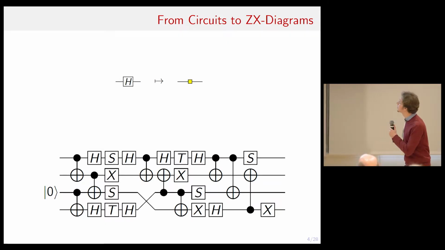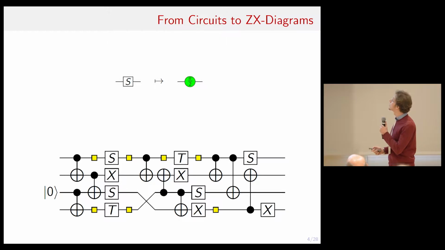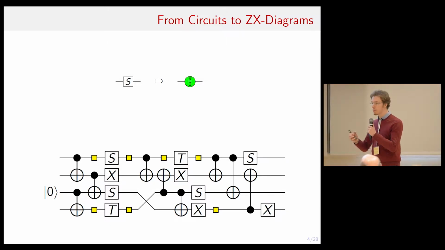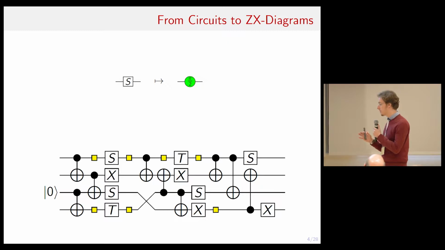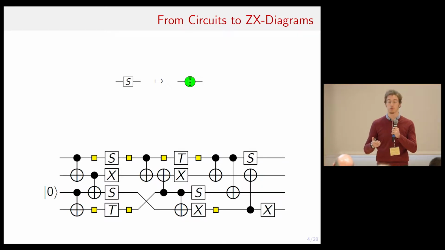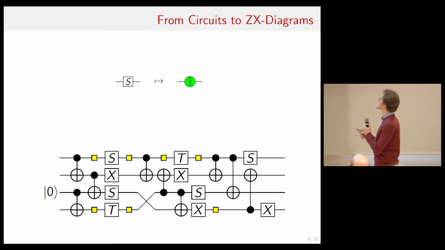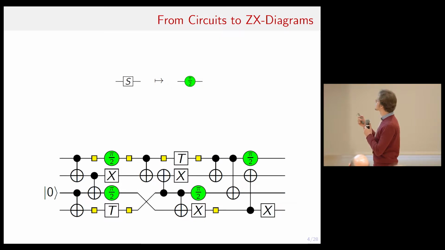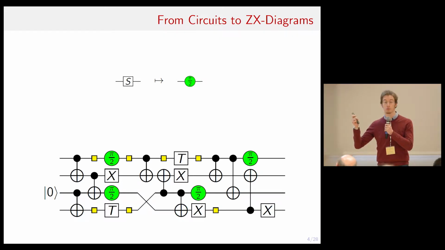So first of all, we replace every Hadamard gate by this yellow node. Pretty easy. Then the S gate, I'm going to really express the fact that it is a rotation of angle pi over 2 around the z-axis. And so, yeah, I replace every S gate by this green node with a parameter pi over 2.